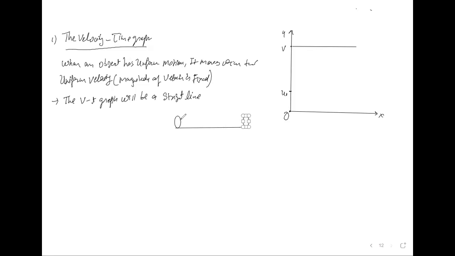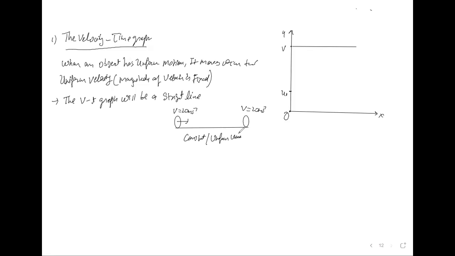And what about the velocity? It started with the velocity of 20 meter per second and ended with the same velocity. So velocity is constant. This is called constant or uniform velocity.